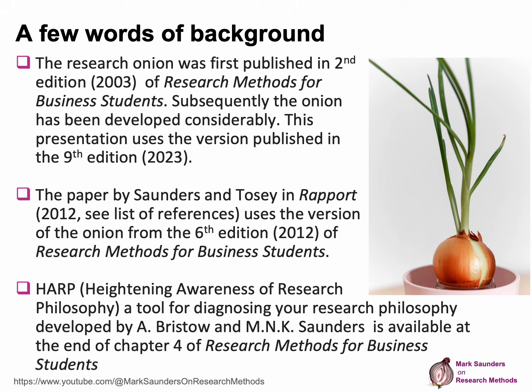Finally, HARP, that's the tool for diagnosing your research philosophy, developed by Alexander Bristow and myself, is available at the end of chapter 4 of Research Methods for Business Students, and this chapter is available as a free download, which I'll give you the reference to shortly.